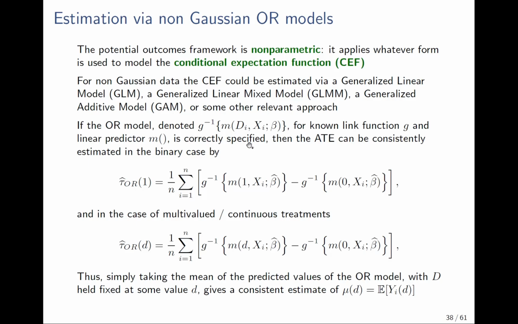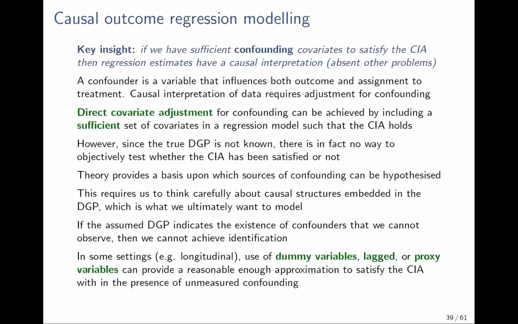As long as that model is correctly specified, then the average treatment effect can be consistently estimated in the binary case by averaging over the fitted values of that model evaluated at 1 minus 0, or in the case of multivalued and continuous treatments, averaging over the fitted values of that model, plugging in a fixed value of the treatment, small d, or 0. So simply taking the mean of the predicted values of the outcome regression model with d held fixed at some value d gives a consistent estimate of the average potential outcome.